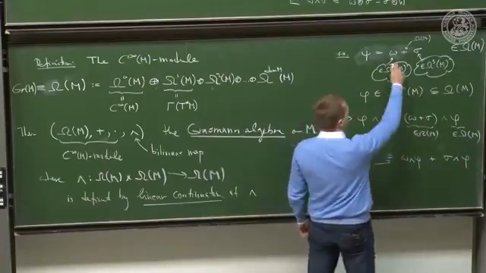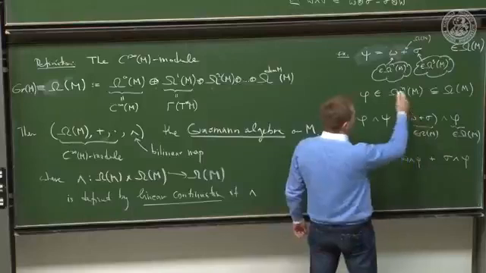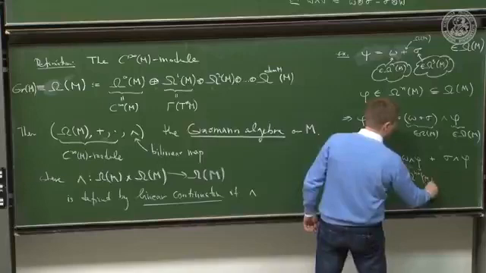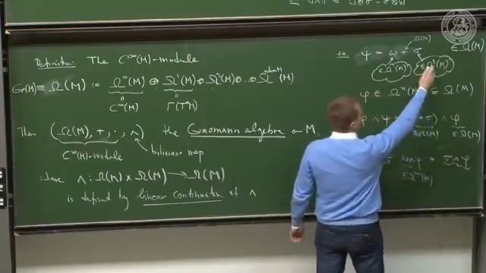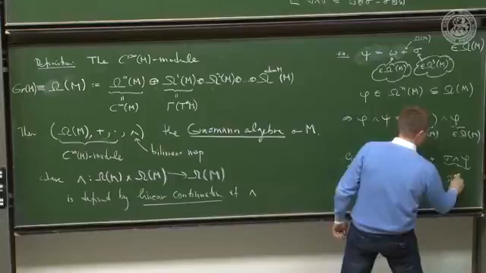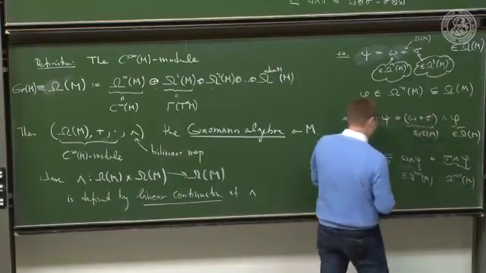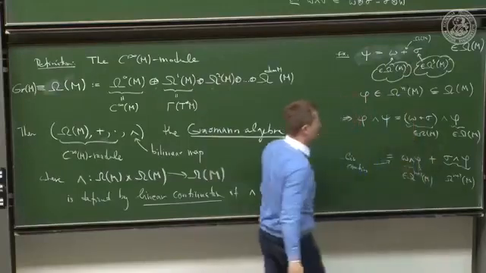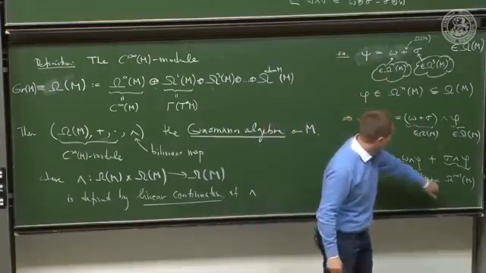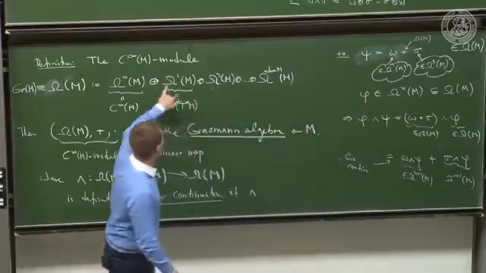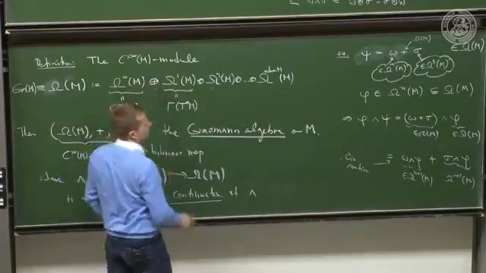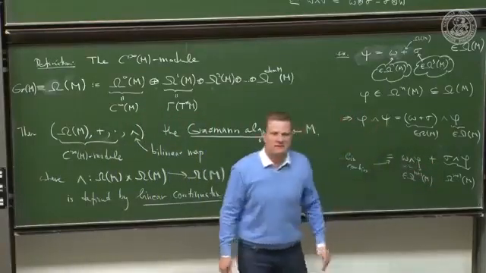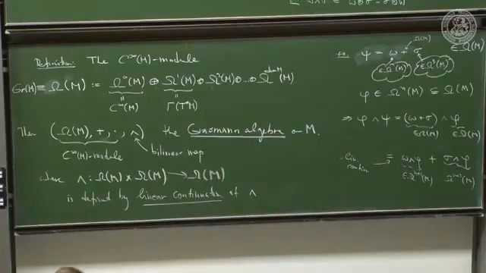Now, the omega is a 1 form, the phi is an n form, so this whole thing is an n plus 1 form on M. And over here you have a 3 form and an n form, which is an n plus 3 form on M. And now this plus is the plus on omega M, because obviously you have to add an n plus 1 form and an n plus 3 form, which can only be the plus that comes from this omega, and that is then defined by the linear continuation of this.